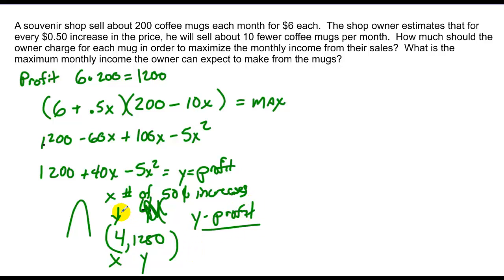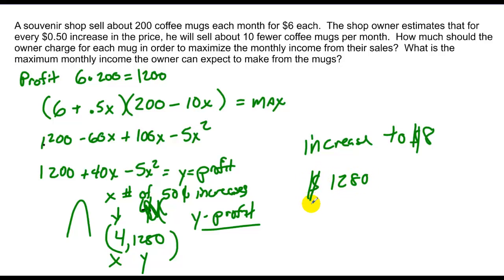So what this says is he does 4 50-cent increases. So he increases to $8 a cup. He's going to make $1,280. So he's going to increase $2 a cup and make $1,280.